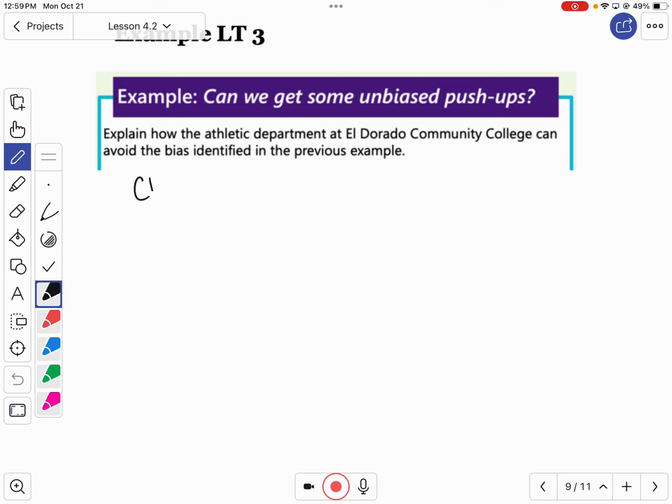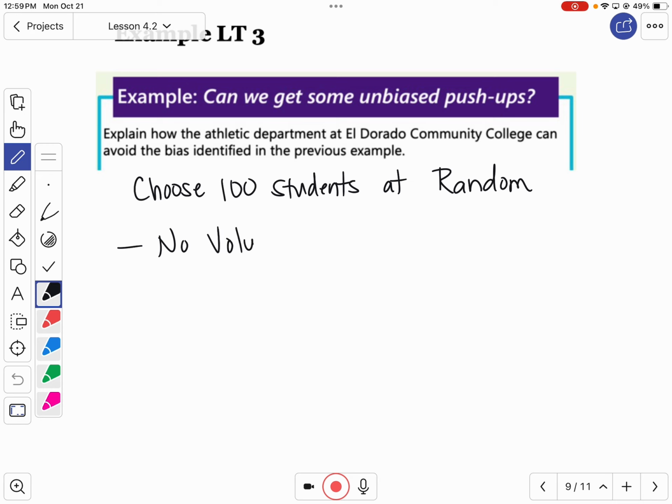So maybe they could choose 100 students at random. No volunteers, no choice. Okay, and that's how we fix it. We need it to be random.